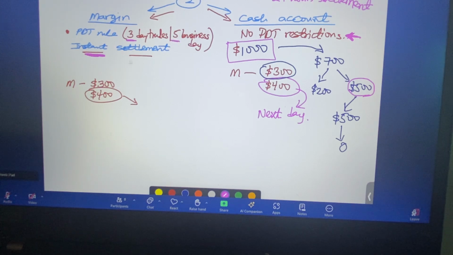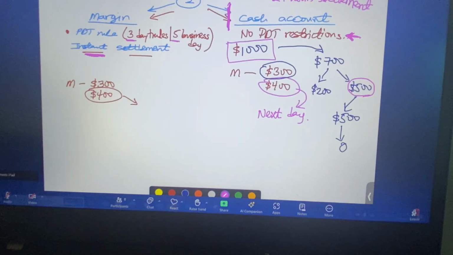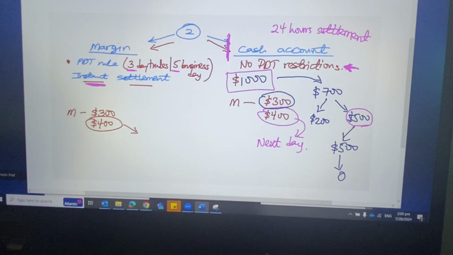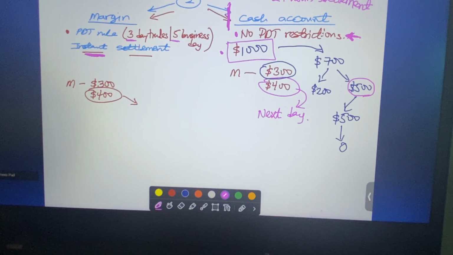So for starting out, I would definitely like the cash account because, 1, the lack of PDT restrictions, which allows you to trade as much as your balance, and 2, when you're done trading, it takes away that FOMO of rushing to another play. So once you're done, you're done.